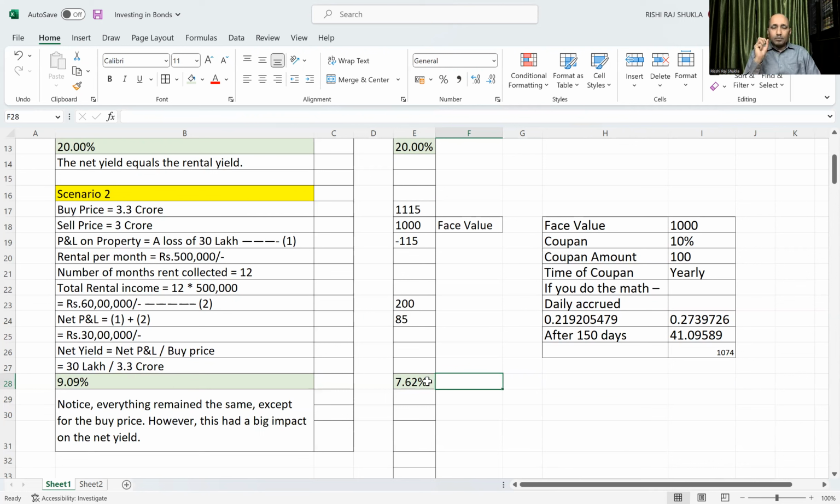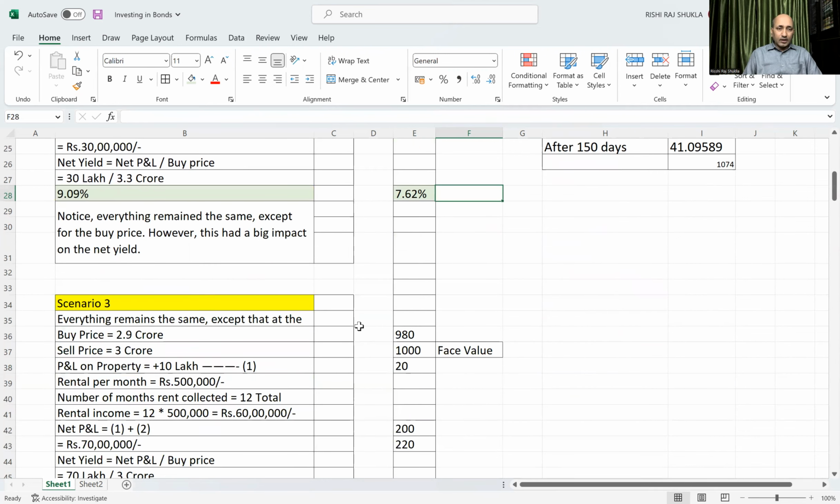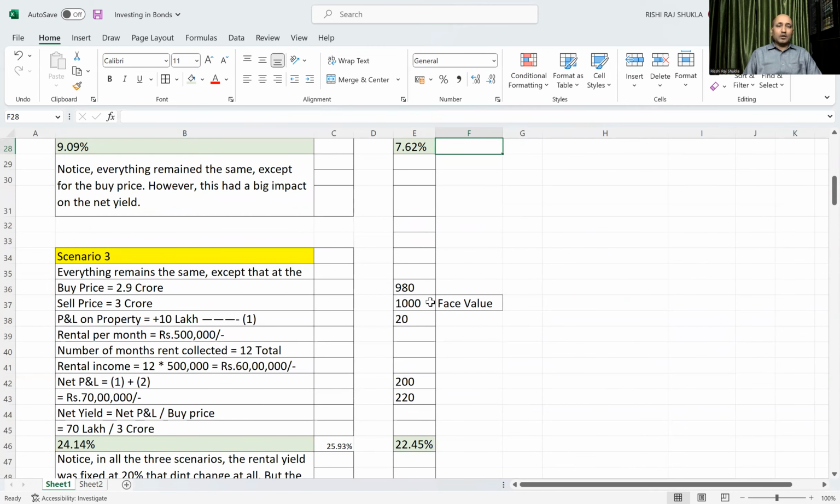So whenever we are purchasing any bond, we have to be careful about the premium, how much premium we are paying and how much it will ultimately affect our yield. Now, we can see this third scenario. In place of 1000, if we are purchasing the same bond at 980, then what will happen?